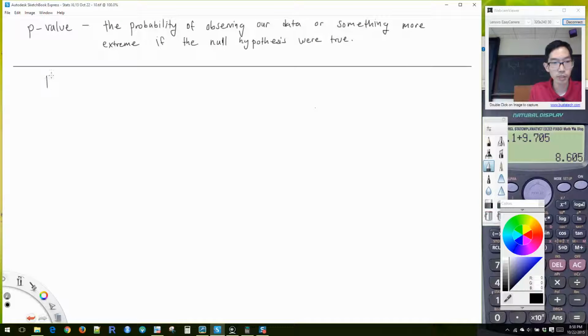So our null hypothesis is essentially any results we have could just be a result of random chance. So our null hypothesis basically says our friend is just guessing at random.